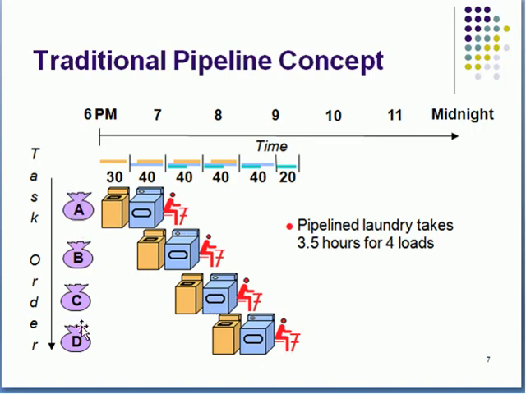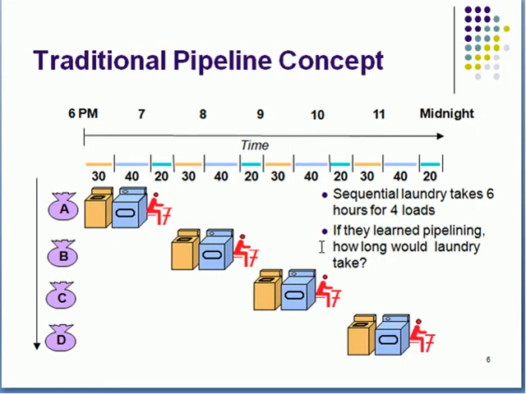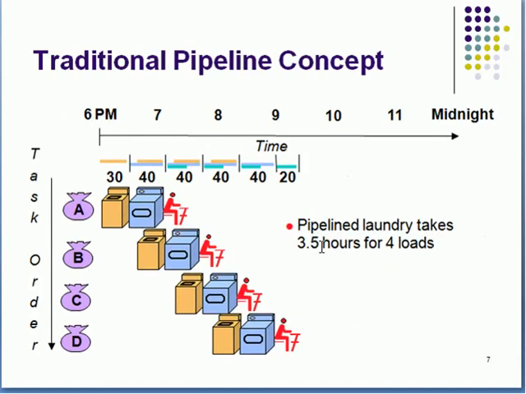So for the same 4 loads of clothes, if we apply the pipelining concept, it will take only 3.5 hours, compared to the 6 hours taken earlier. So this much time is reduced, and the operation happens this much faster when we follow the pipelining concept, that is, executing the tasks in parallel instead of in a sequential manner.